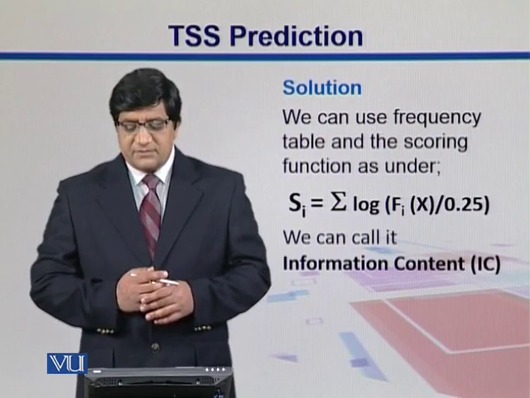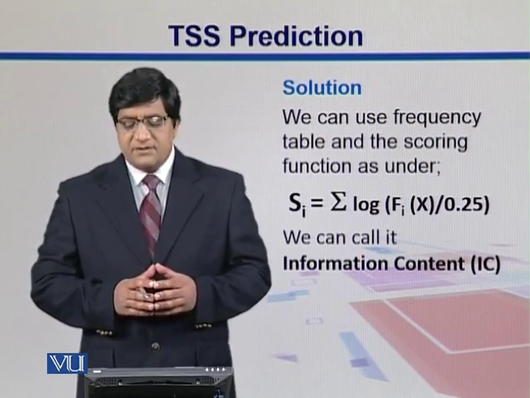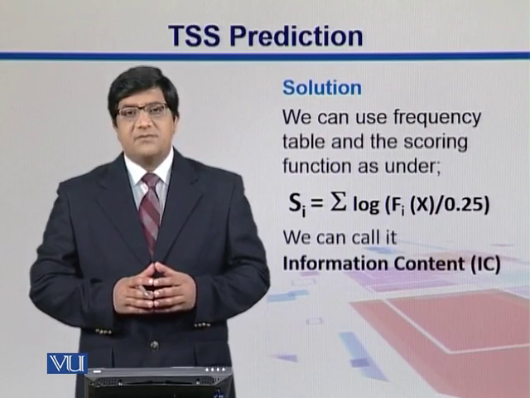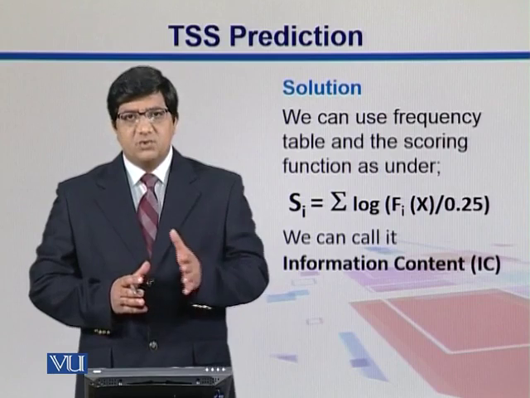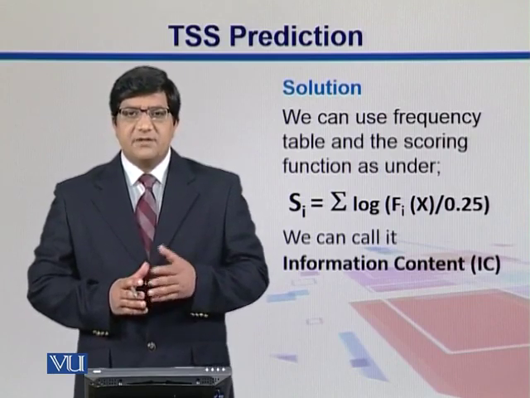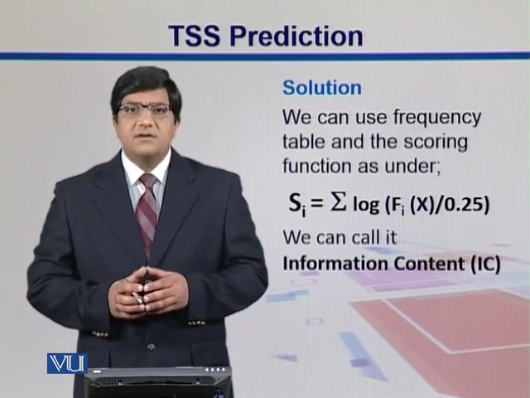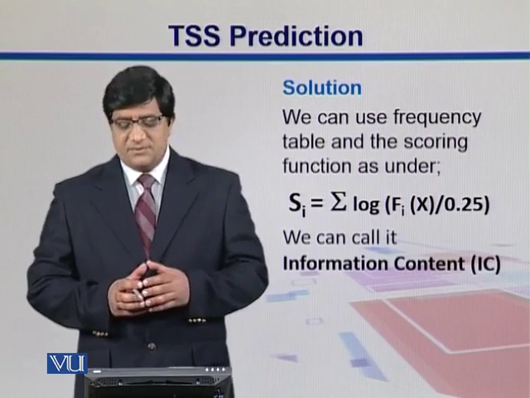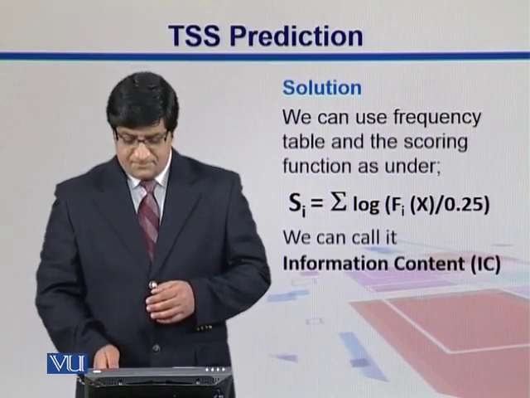We put it together in this equation, which is called a scoring function, or S of I, where we are summing over whatever nucleotides are there. We take their frequency from the frequency table, divide it by 0.25, and then convert it into the log scale. We want to play with big numbers. We can call this equation the information content.